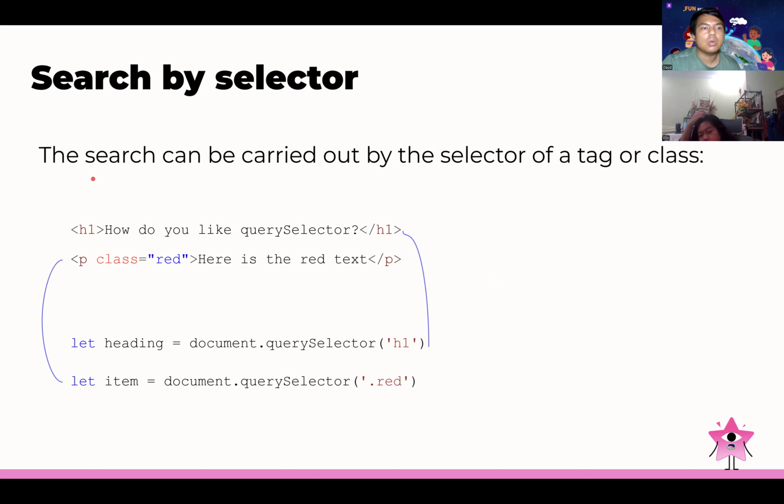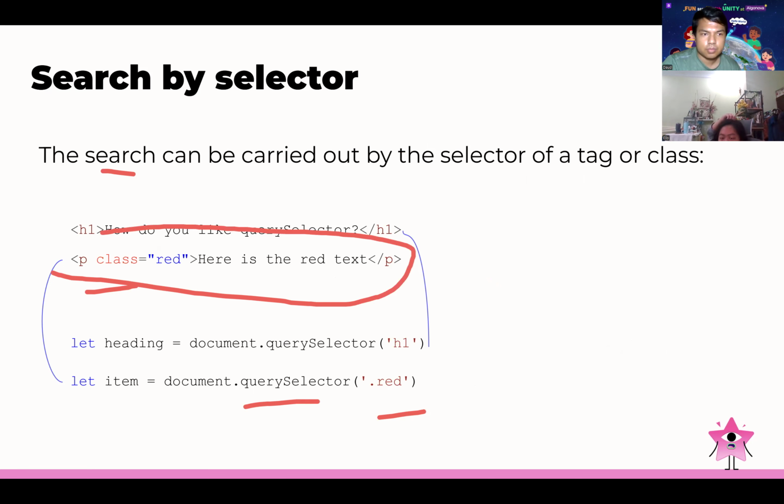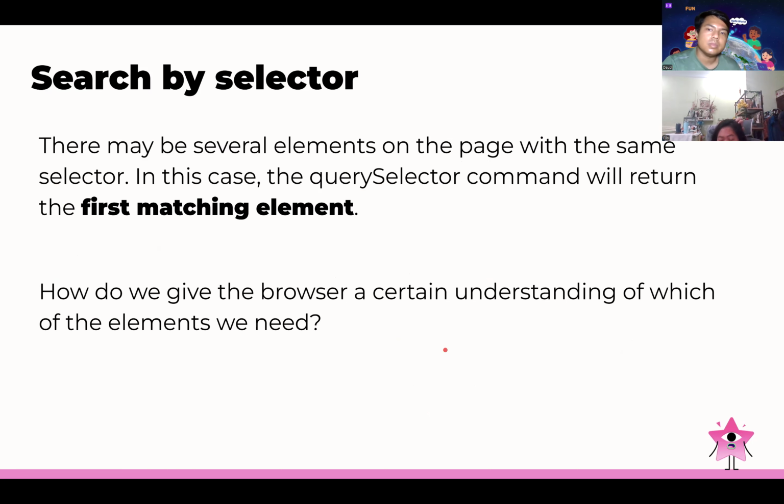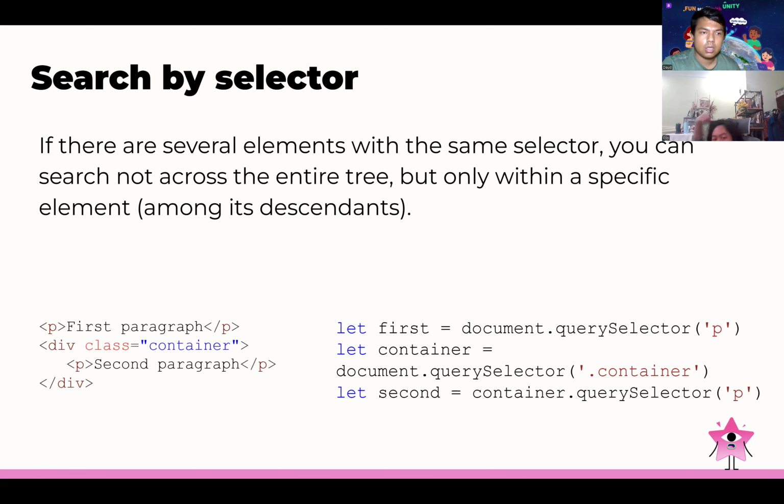For example, if you want to search for class red, you use document.querySelector with a dot, and you will get this. If you want to get the H1, just call the H1. It will return the first matching element. If there are many H1s or many class red, you will get the first element only.